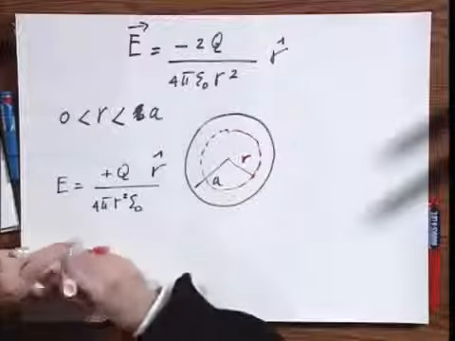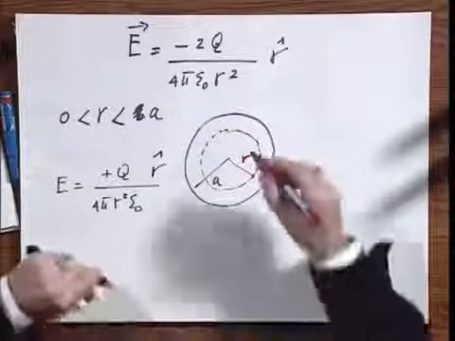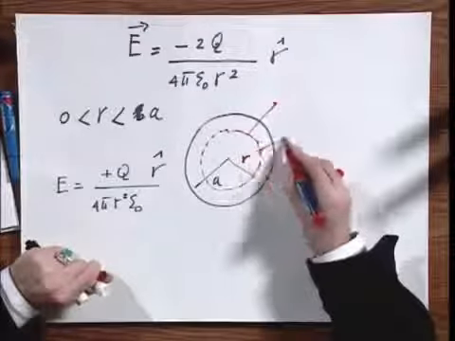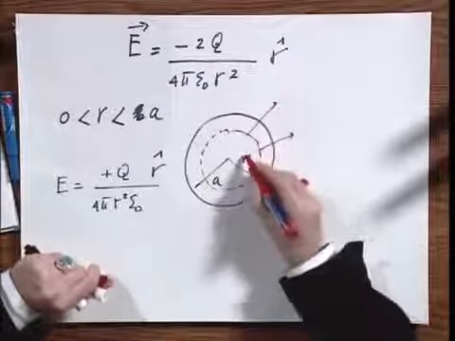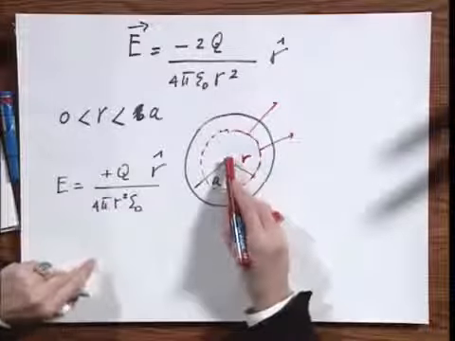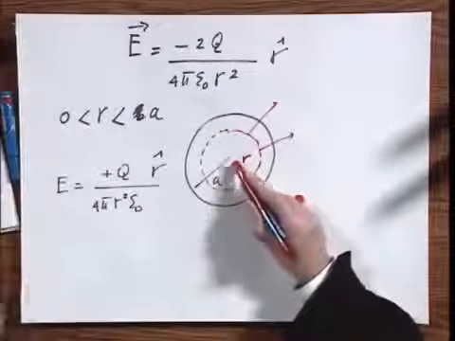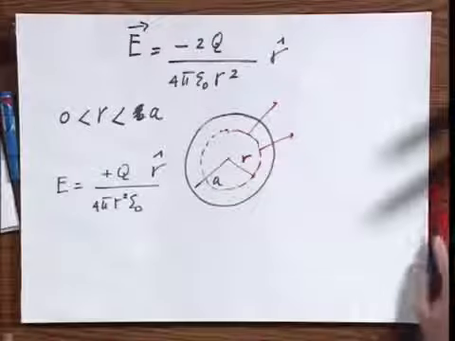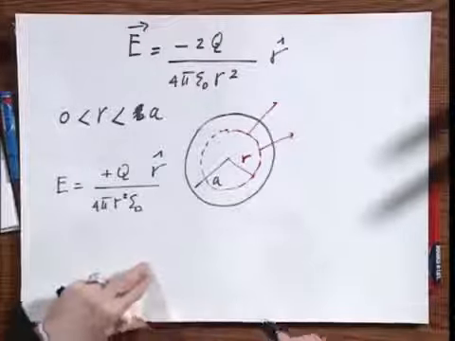So the E field is now not pointing inwards, but pointing outwards in this cavity. And notice that when r equals 0, you get an infinite value, which of course physically has no meaning.